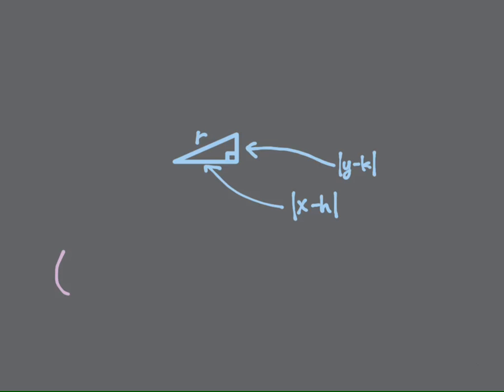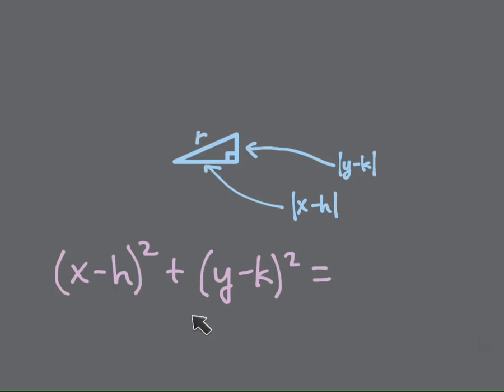Would it be x minus 3 squared plus y minus 10 equals... So we have leg squared here, we have leg squared here.